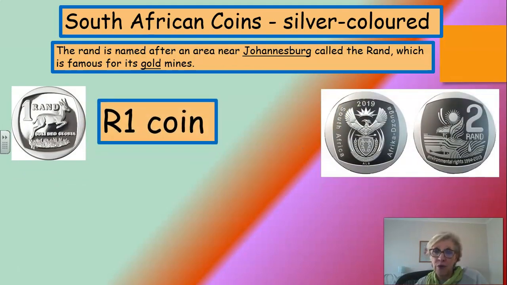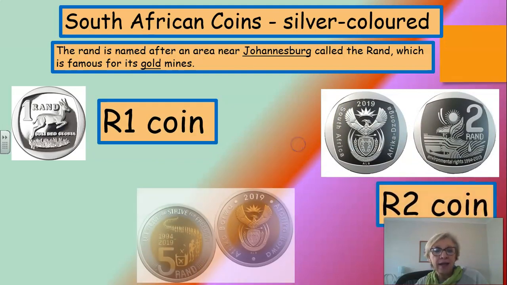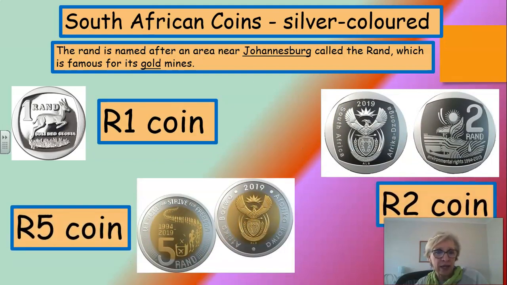Here we have our 1 rand coin and our 2 rand coin. There's a front and the back of our 2 rand coin, and our 5 rand coin. And just to add to that, grade 3s, every now and again we have different designs of coins.